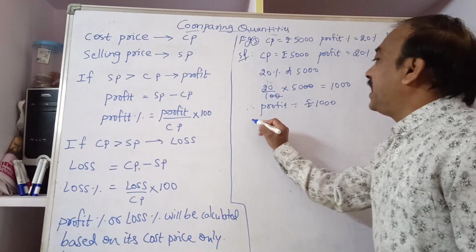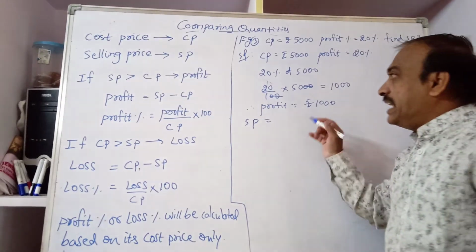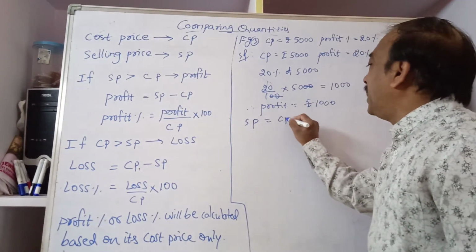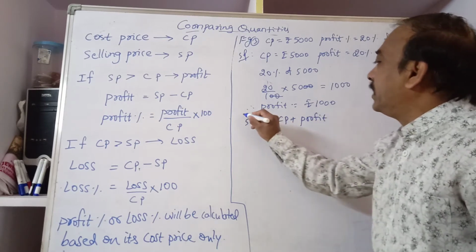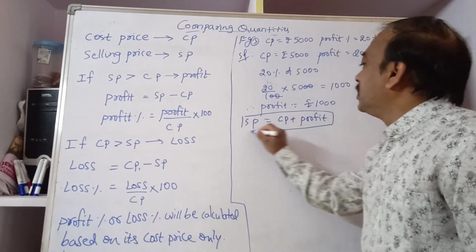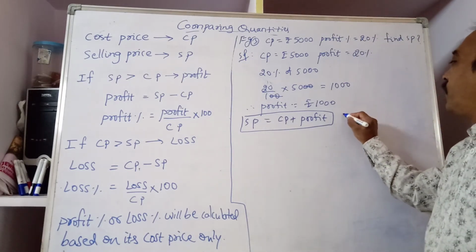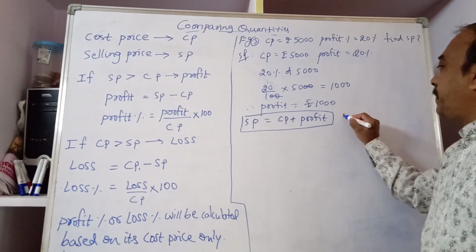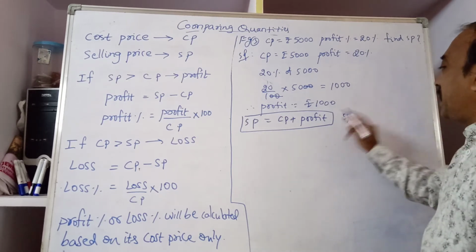Therefore selling price SP equals, how to get the SP? That is CP plus profit. Selling price equals cost price plus profit.